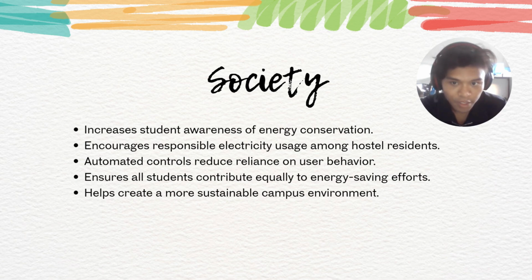The next point ensures all students contribute equally to energy saving effort. All students help save energy through the same system. The next point helps create a more sustainable campus environment, which is less energy waste helps protect the environment.